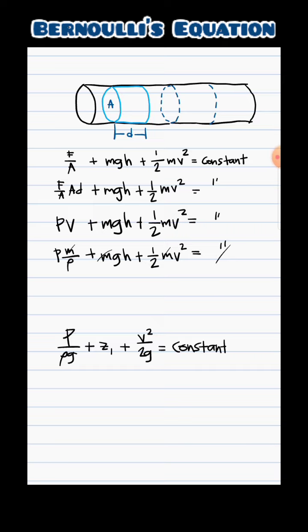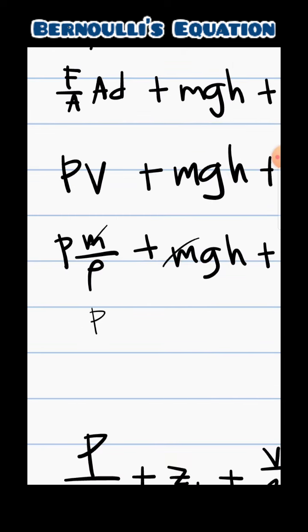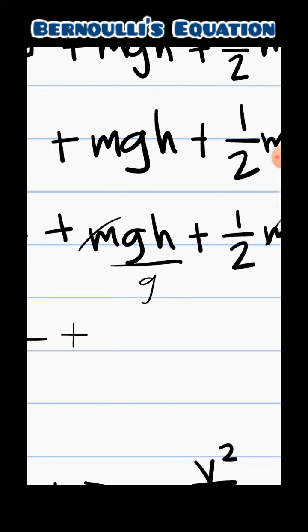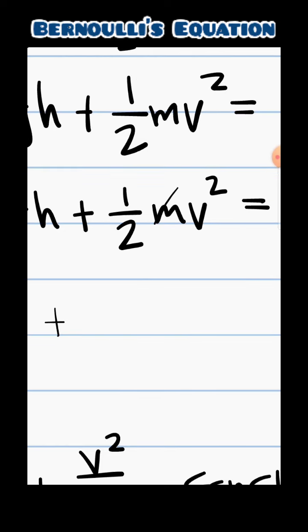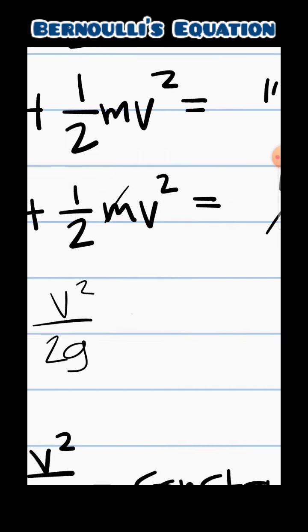If we divide this by the acceleration due to gravity, we get P over rho g plus h plus v squared over 2g equals a constant.